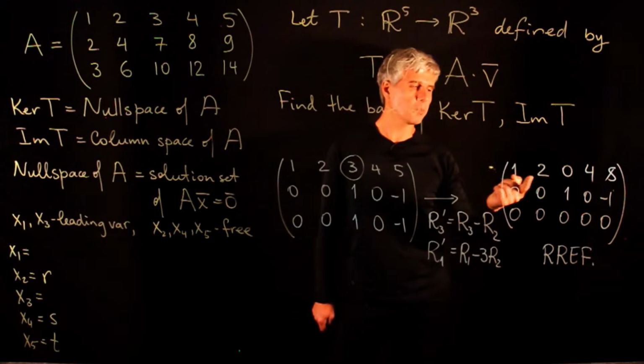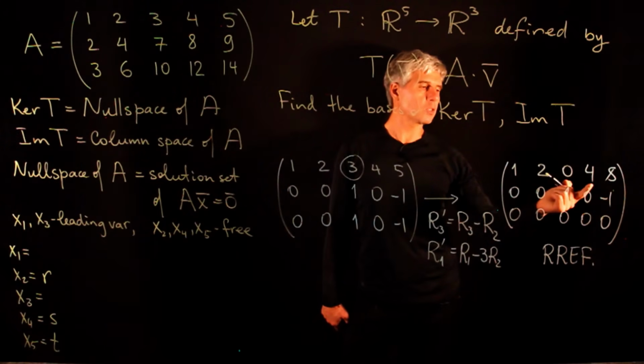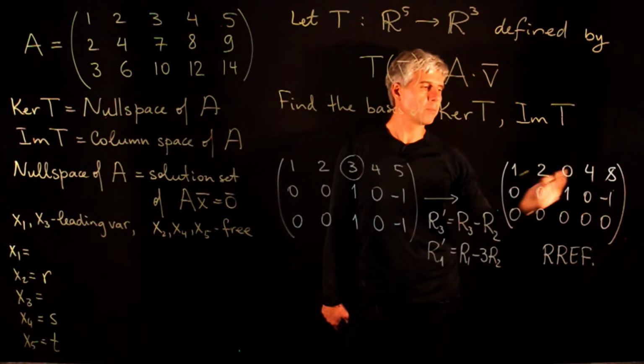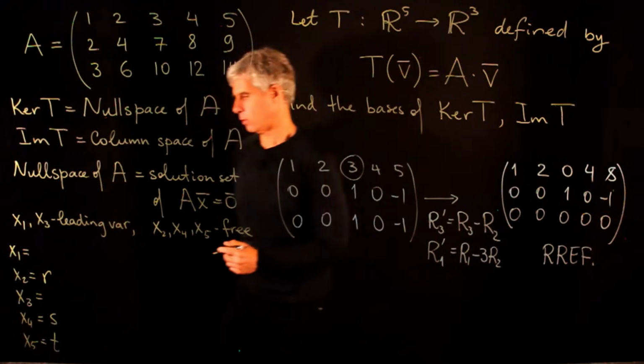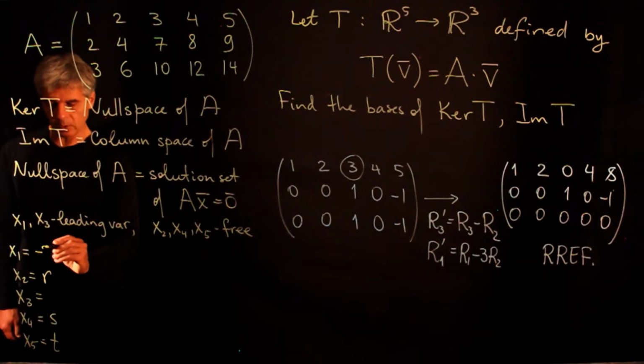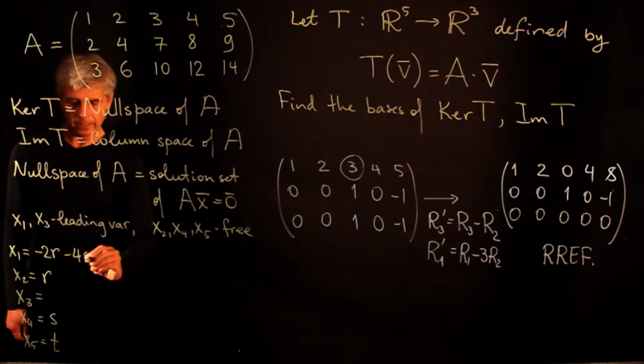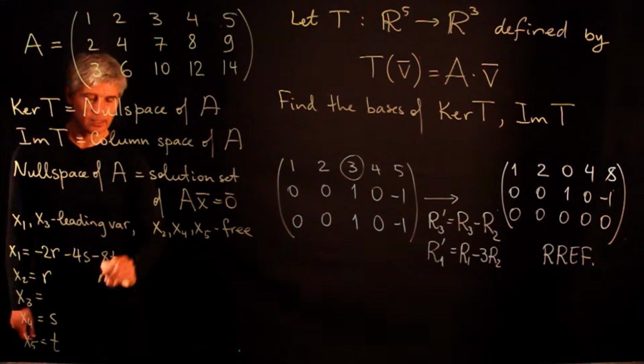So x1 is minus 2x2, minus 4x4, minus 8x5. So we get that x1 is minus 2r, minus 4s, minus 8t.